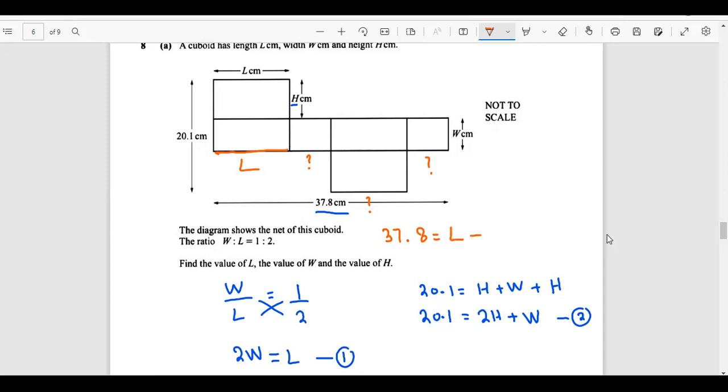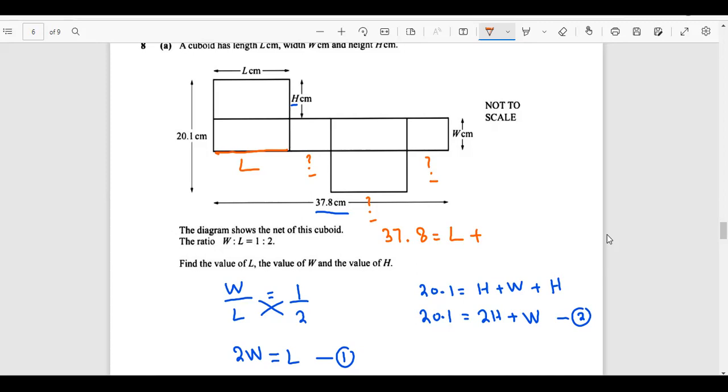equals L plus, and what would be these three question marks? What do we see? We see an open unfolded net of a cuboid. So you need to imagine, if you start folding up these sides, which side would be parallel with the other one? So the one next to 37.8 is also L. Yes, can you please speak a bit louder?